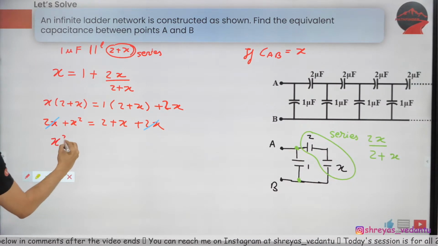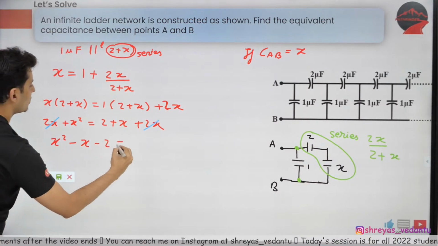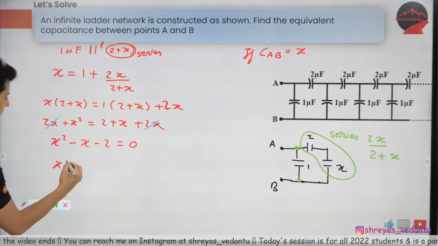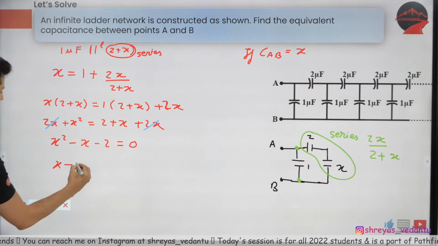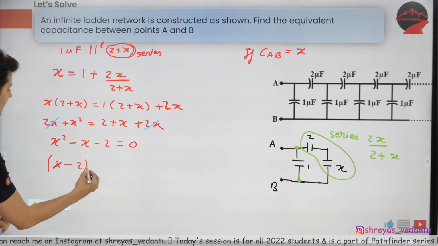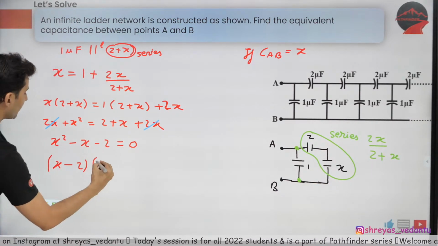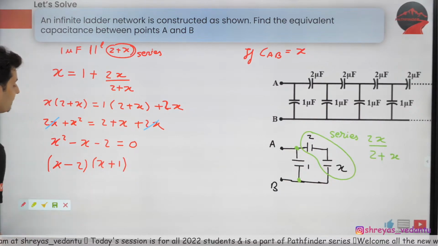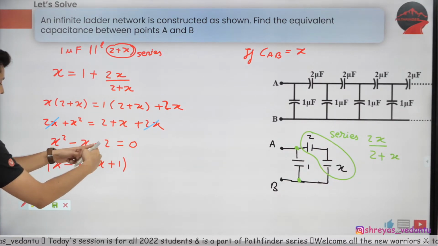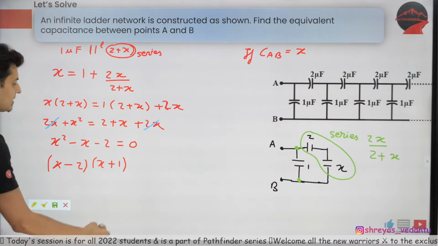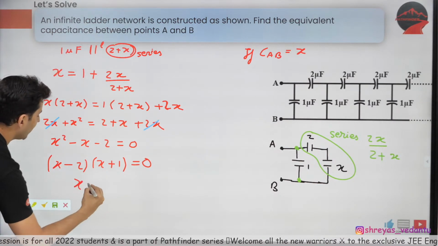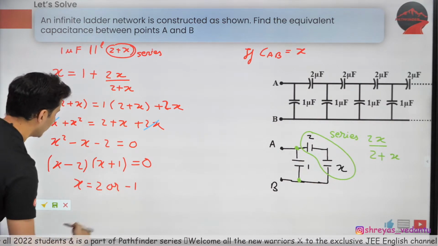So this will become x square minus x minus 2 is 0. Therefore x minus 2, because minus 2 plus 1 will be the factorization, so x plus 1. Yep, minus 2 into 1 is minus 2. Minus 2 plus 1 is minus 1. That is 0. So therefore x is equal to 2 or minus 1.